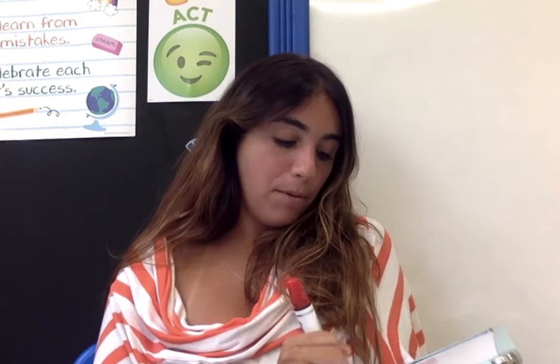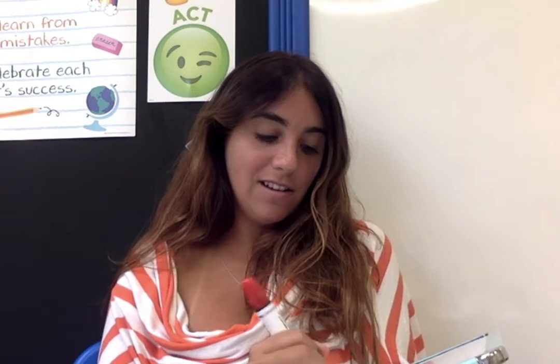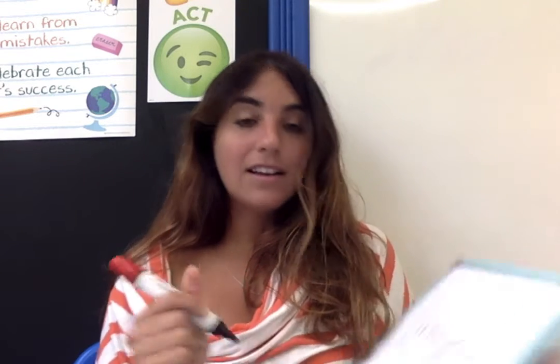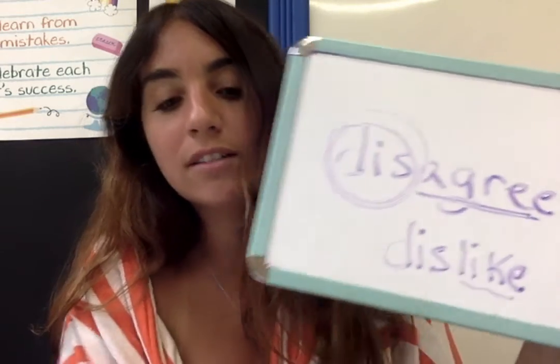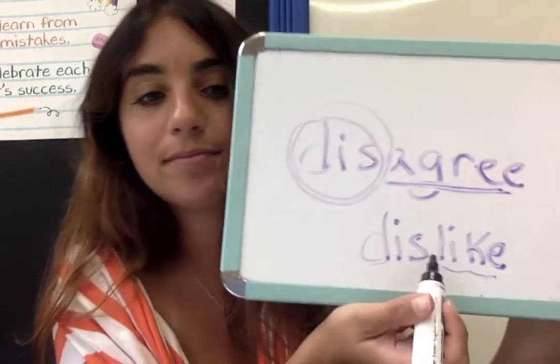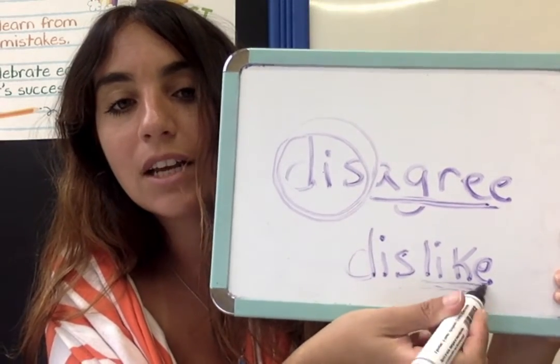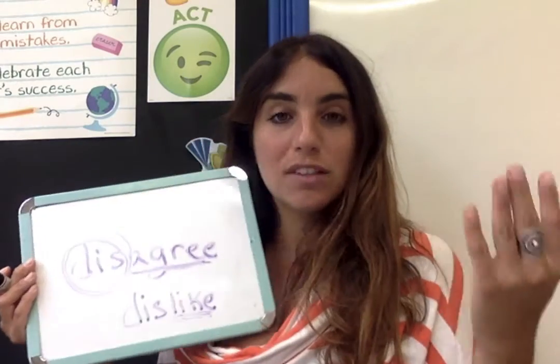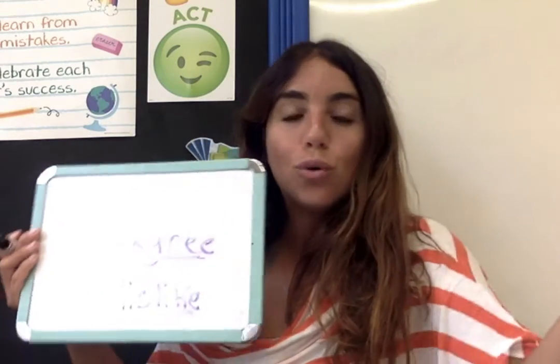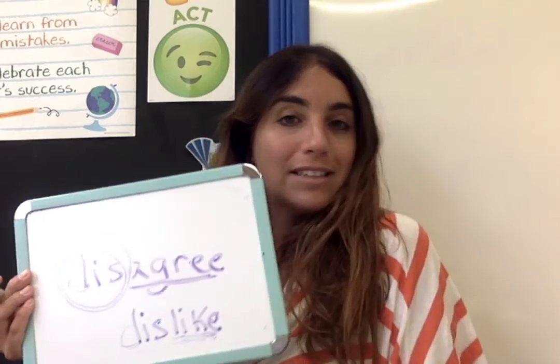So another example of that would be the word dislike. Now there's our root word, like. There's our root word. And we all know what that means. I like to do something. I like to go to school. I like ice cream. Those are things that I like.